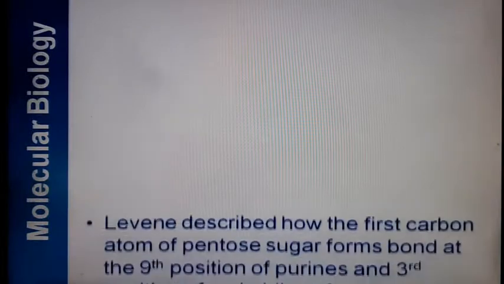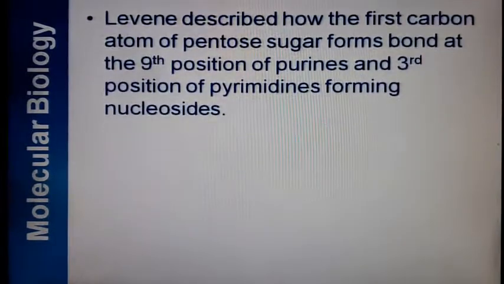Now, on the first carbon of the pentose sugar, the purine and pyrimidine become attached by forming a nucleoside bond.